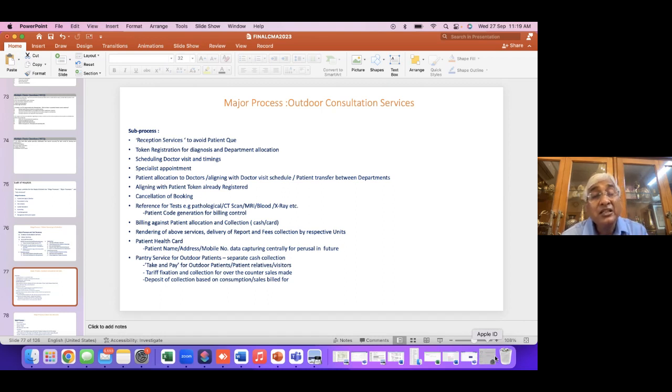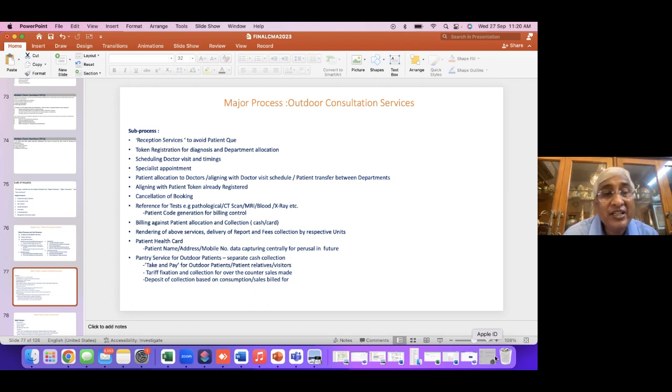Even if there may be five good doctors for five diseases, or maybe two diseases, all five should be rationalized in such a manner that on the same day there should not be more good doctors. It should be like this: one good doctor on day one, another on day two. The schedule of the doctors should be such that the patient party can visit any one of them and the hospital authority is not losing any patient.